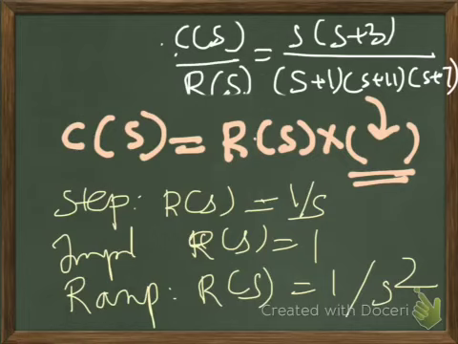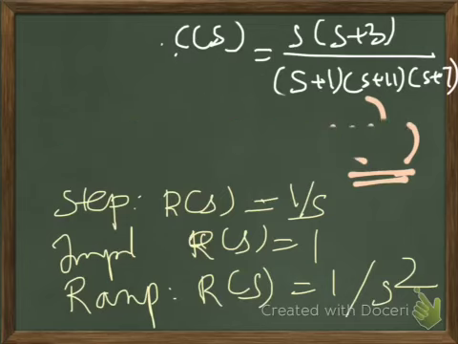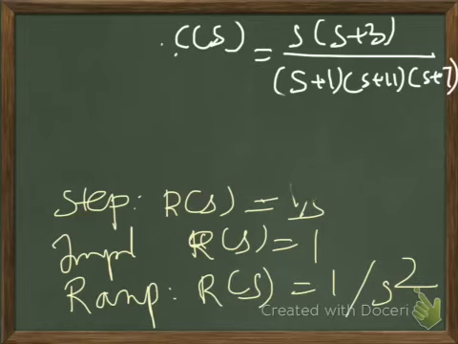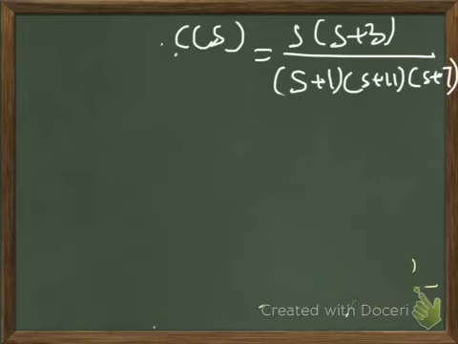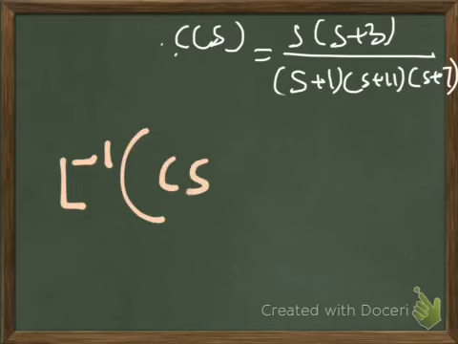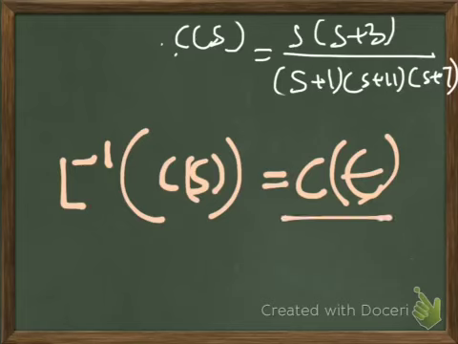So let us now write down C of s. Even if you write R of s on the right hand side, it is just 1. So think that you have sent the R of s that side, and what you have now is C of s. So now you have to find c of t. To find c of t, you have to apply Laplace inverse of C of s is equal to c of t.